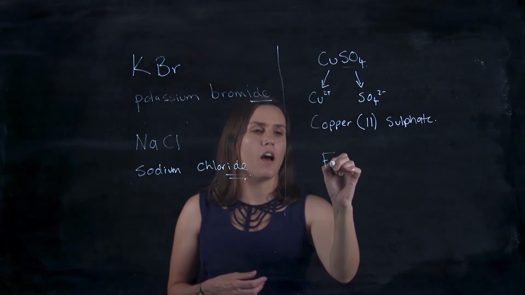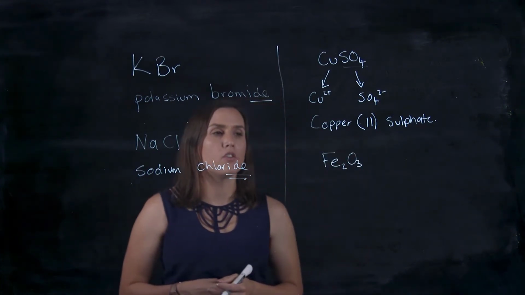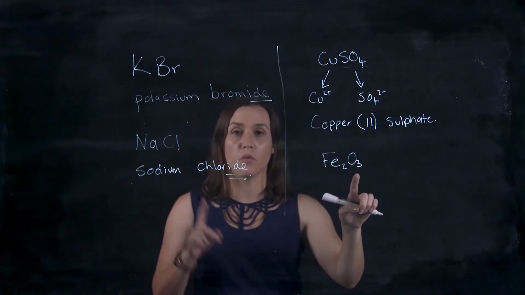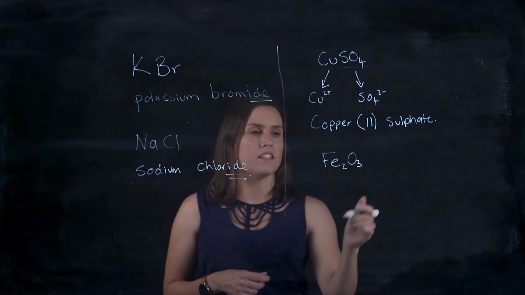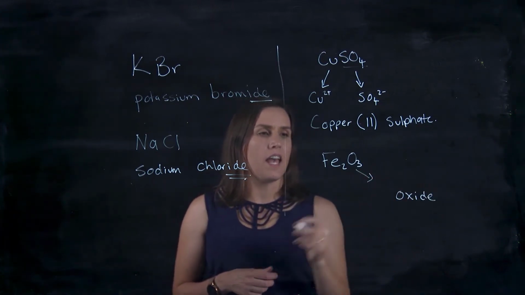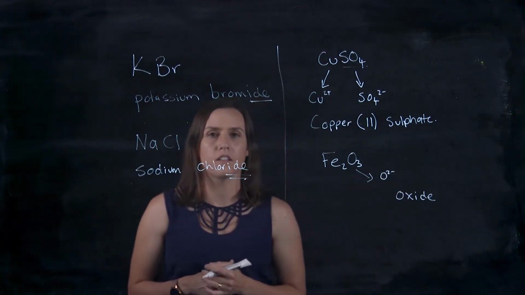Now let's look at another one. We might have iron, let's do this one, Fe2O3. This is just a monoatomic, one atom anion, and this is oxide. It has a charge of 2- that sits on it.